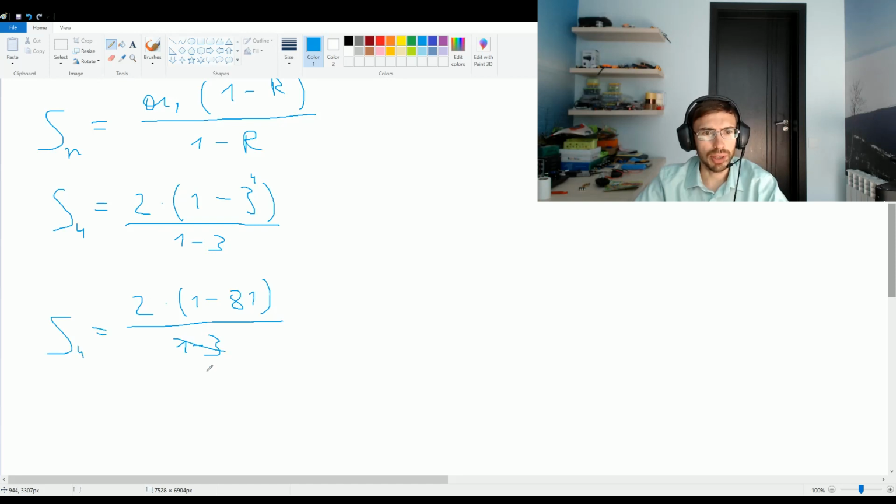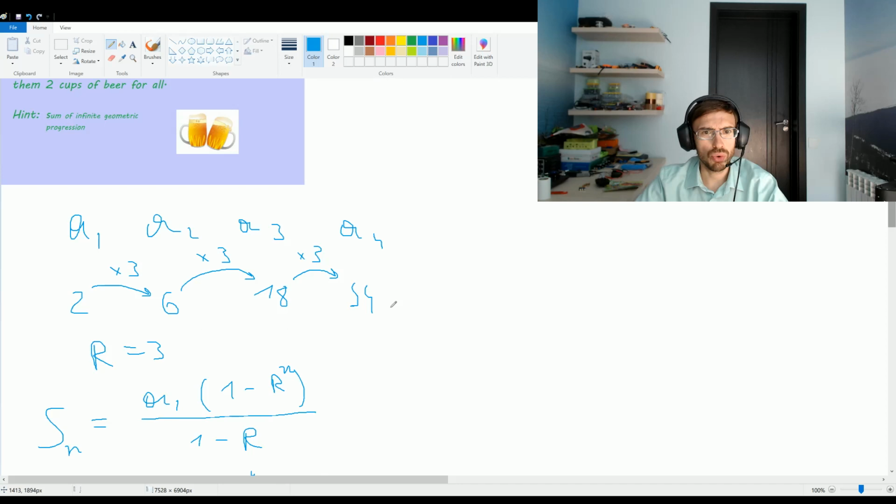So then that becomes minus 2. You can simplify it with 2, and then the result you can divide over minus 1. So the result will be minus 80 over minus 1, which becomes 80. So 80 means that the sum of the first 4 terms will be 80.